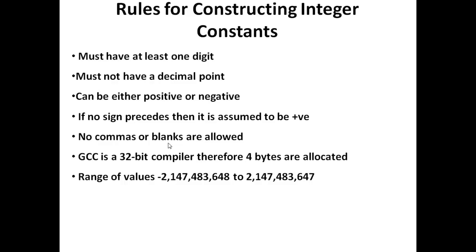GCC is a 32-bit compiler, therefore 4 bytes are allocated, and the range of values is given here, from the minus range to the plus range. So only the numbers that are given in this range will be accepted.